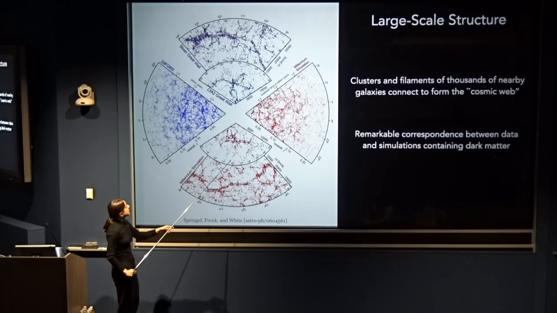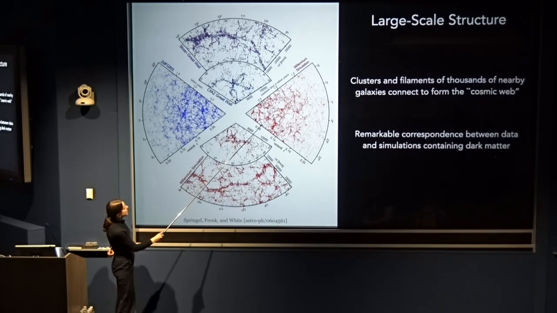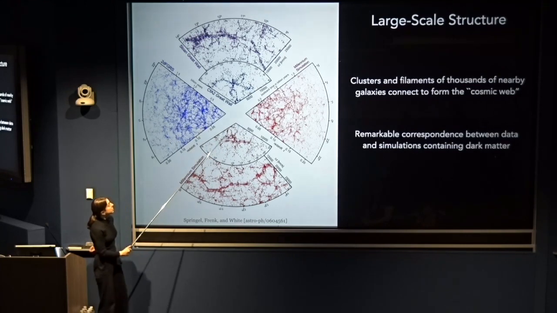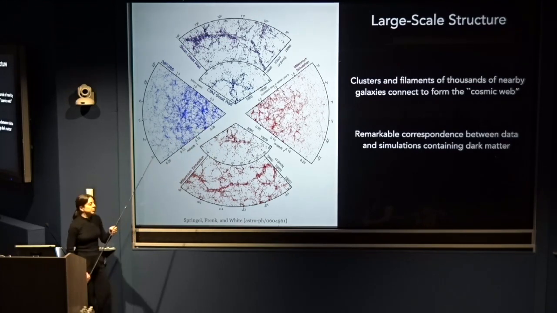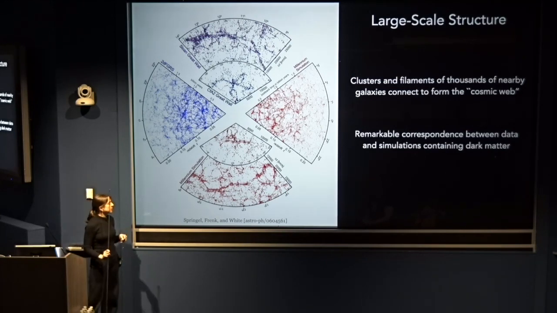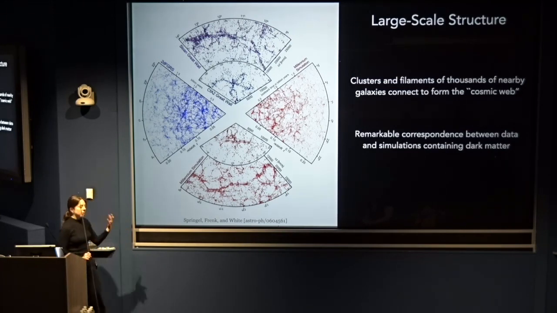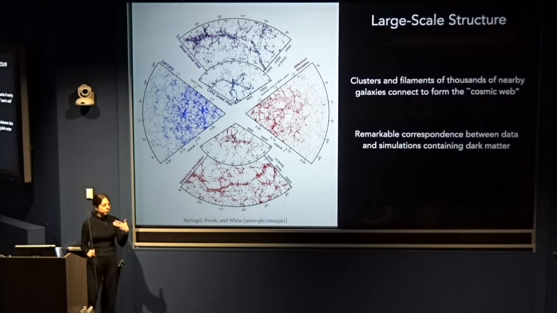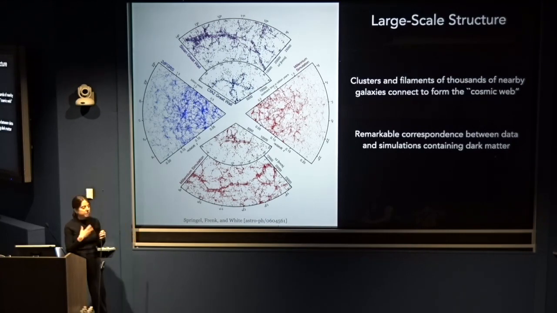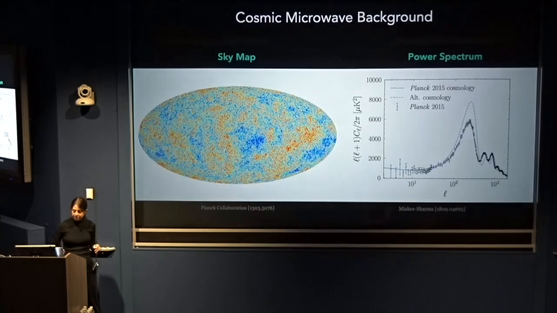What you can see just by eye is that it does an amazing job at reproducing the same kinds of structures that we see in the data. So that's a rather spectacular confirmation that the addition of dark matter is a critical ingredient to our understanding of the structure in the universe.